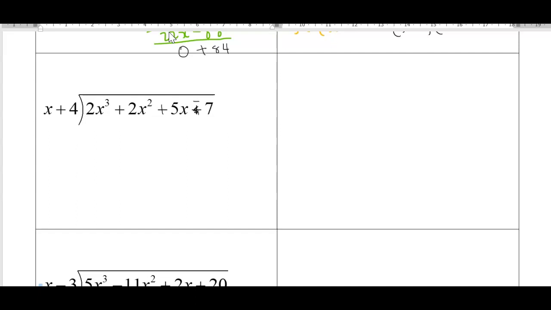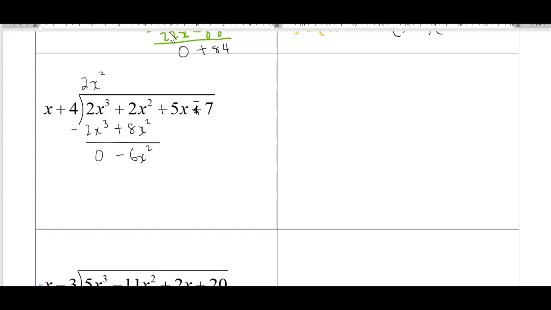So 2x cubed divided by x gives us 2x squared, and then multiplying that through gives us 2x cubed, 2x times 8, 2x times 4 is 8. All right, and let's subtract that. So 2x squared minus 8x gives you negative 6x squared. And then we start the process again.